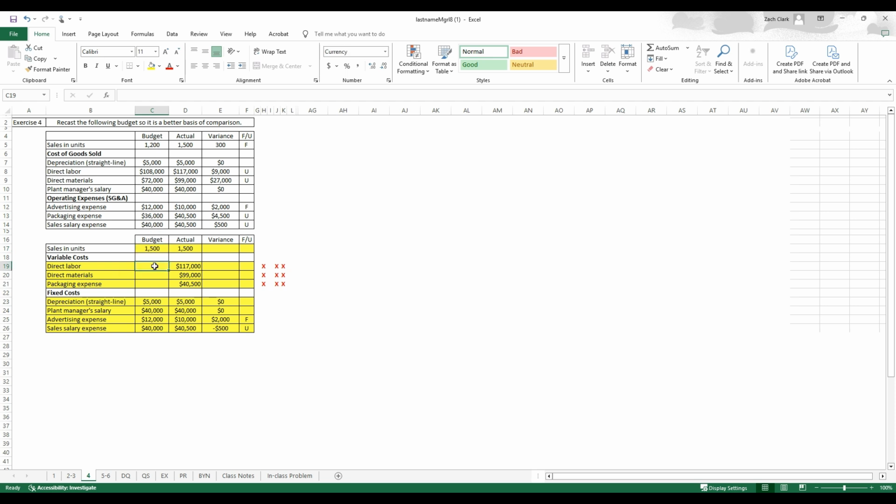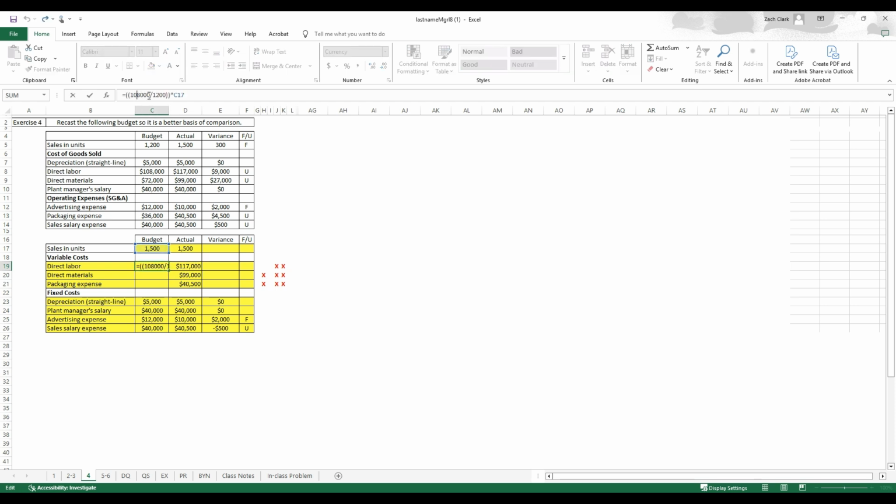And so I'm going to put a formula in, with two parentheses. If we had 108,000 planned direct labor costs, I want to know what that was on a per unit basis. So that'll be $90 per unit. And then I want to multiply that by the 1,500 to give me 135,000.